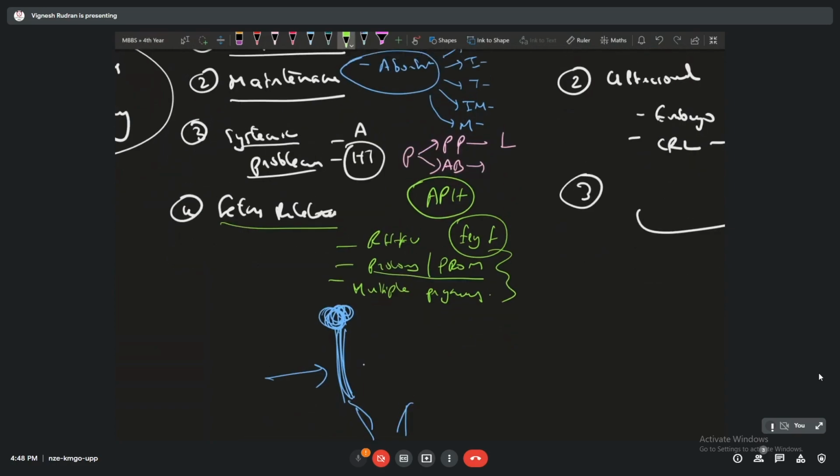Prolonged and premature. Prolonged is when you don't have any reasons for it. The maturity is not there, or there's no prostaglandin secretion or something like that. So for that you do induction of labor. You can do induction of labor by artificial sweeping of membrane or amniotomy, or you can use oxytocin to induce labor. You can also use mechanical methods like Foley's bulb.